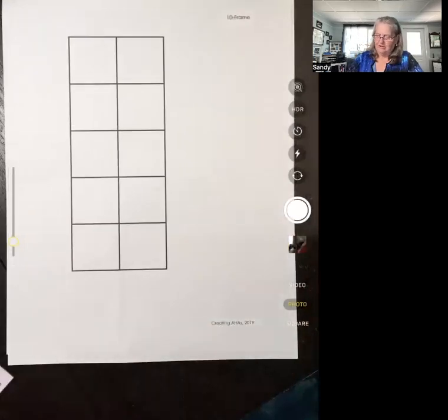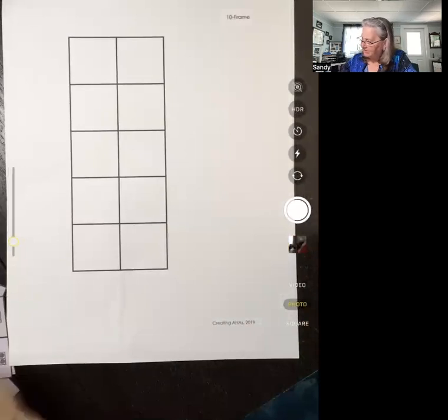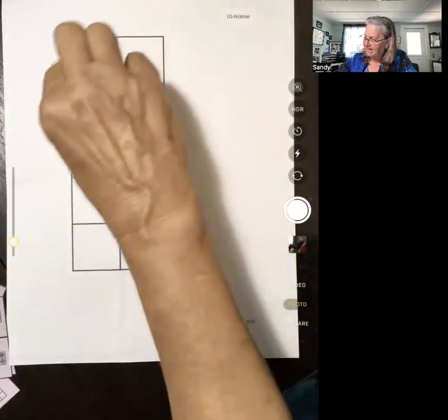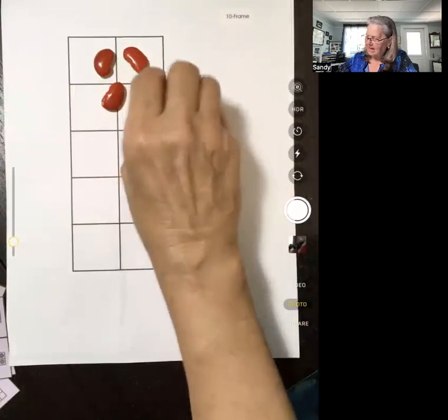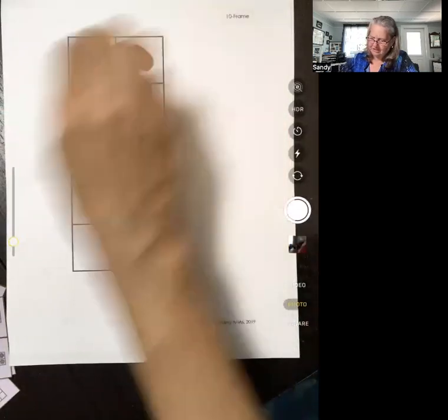Now, I want to look a bit more at that 10 frame. And in the intro, I showed you a problem. I think it was 8 plus 5 was that first problem that we looked at. And if you think about when we're using this, I had a 10 frame and I had some counters of some type.